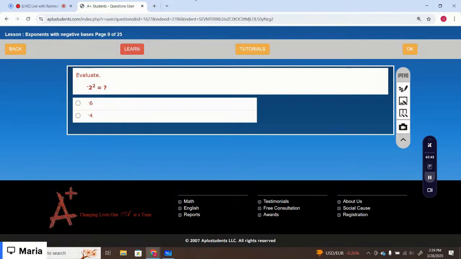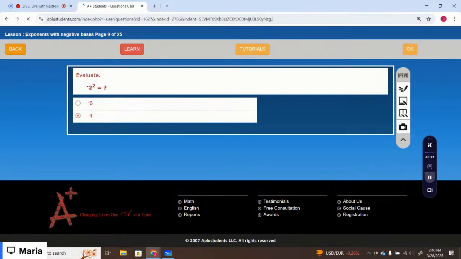Negative 2 squared. That equals negative 4. Okay, you can complete the lesson by yourself later today.